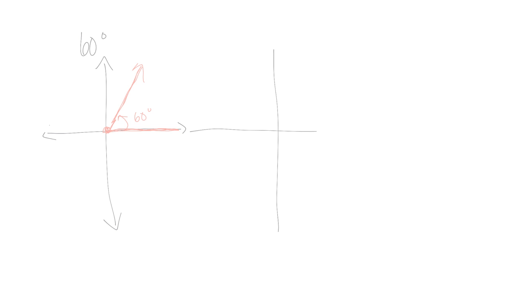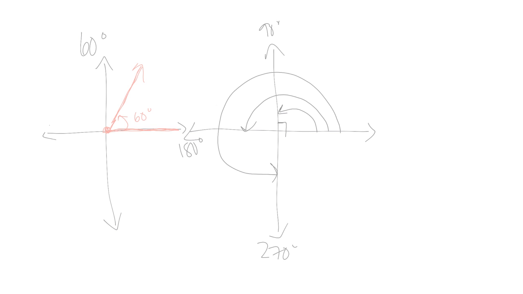I know that from here to here, because this is a coordinate plane, this is a right angle, so from here to here is 90 degrees. And if I kept going, if I went from here all the way to here, that would be 180 degrees. If I went from here all the way to here, that's going to be 270 degrees.